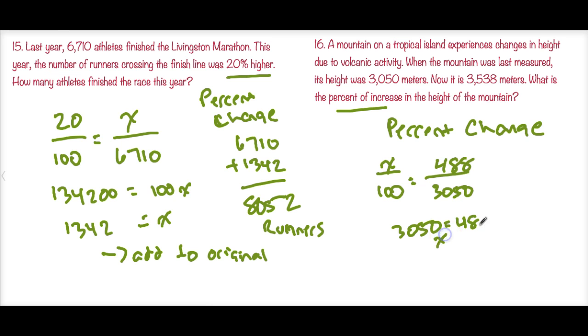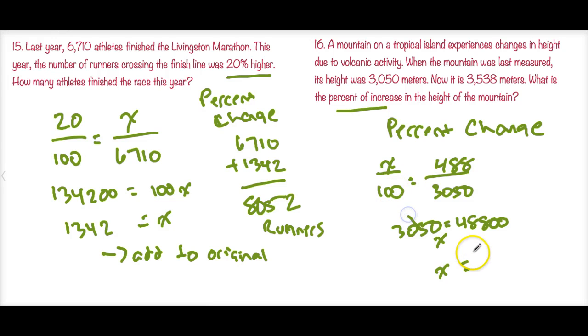So when I cross multiply, whoops, x goes there. X is going to be equal, hold on one second, I did this problem wrong when I was originally solving, so I'm going to have to solve this again. Because x is over here, so the percent change is 48,800 divided by 3,050.